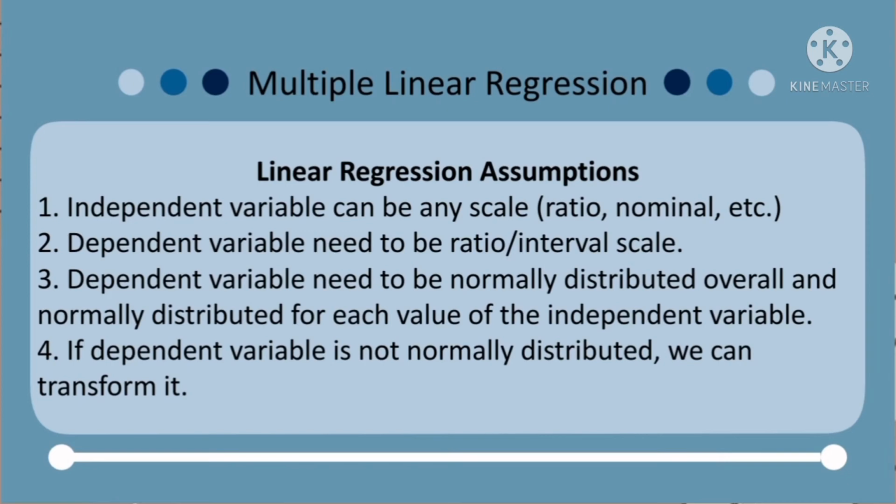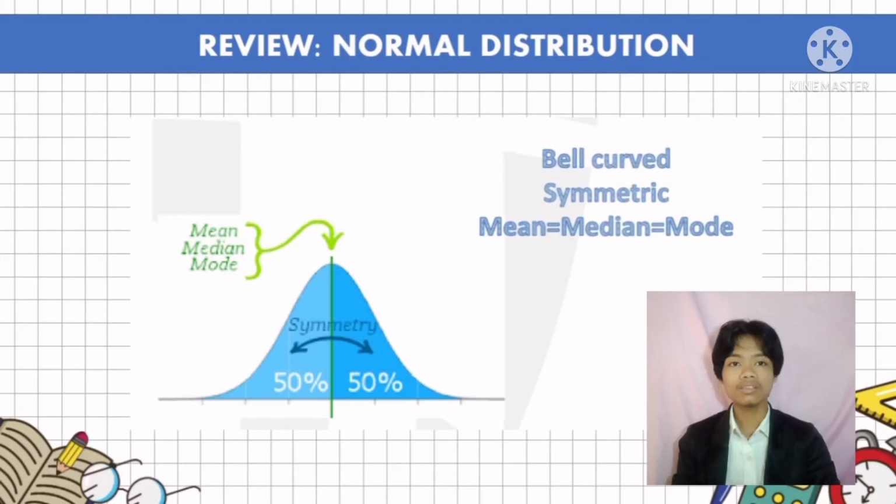An interval scale also gives an order as well as makes the difference between variables known. The dependent variable needs to be normally distributed overall and normally distributed for each value of the independent variable. If the variable is not normally distributed, we can transform it, and we have an image of a normal distribution.